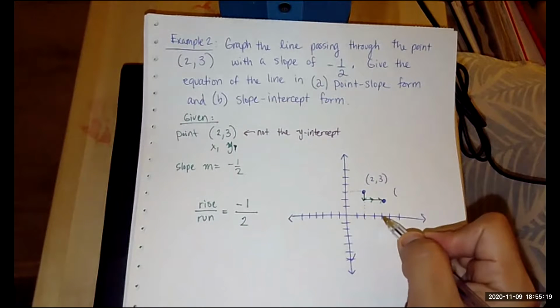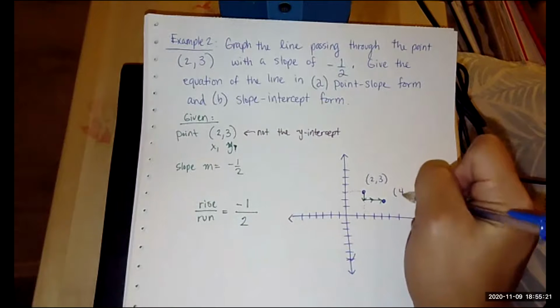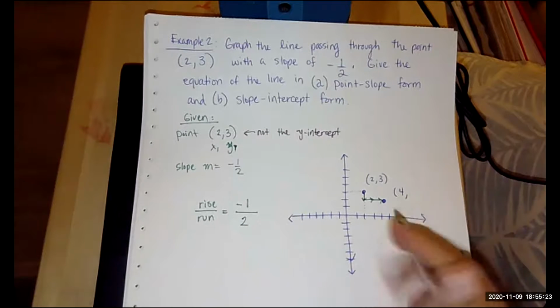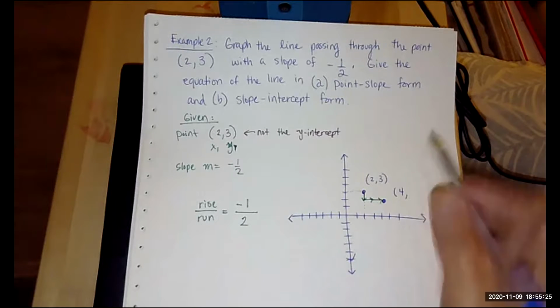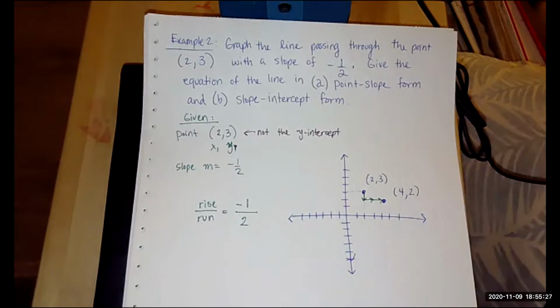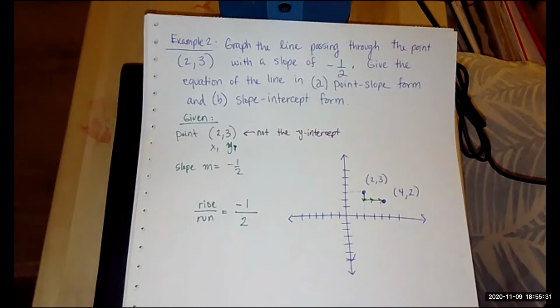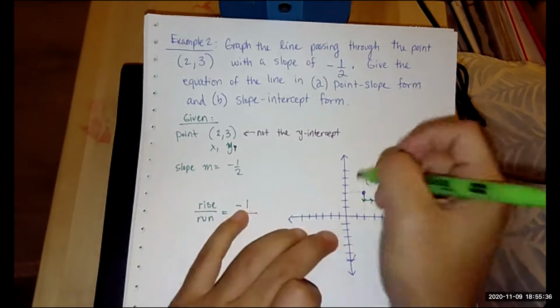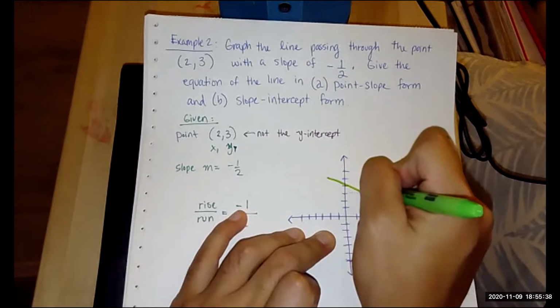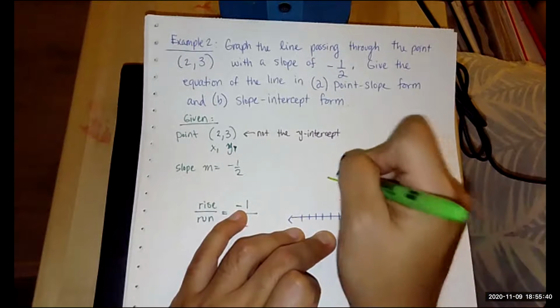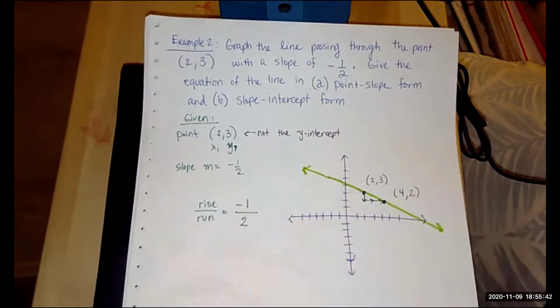That's (4, 2). Okay, so that's where the second point is located. And now that we have 2 points, we can just draw a line straight through those 2 points, as straight as we can get it, right?